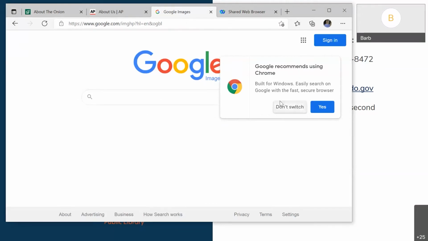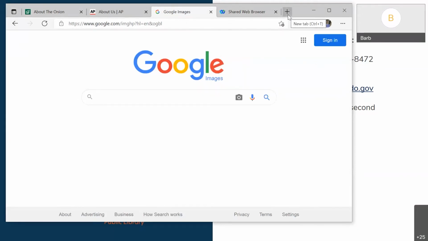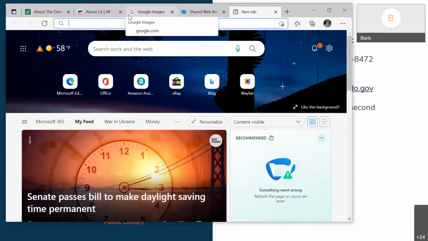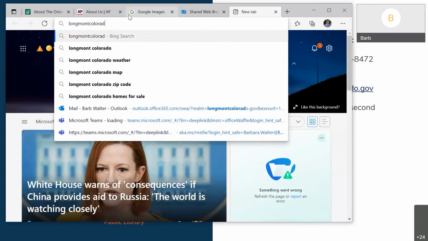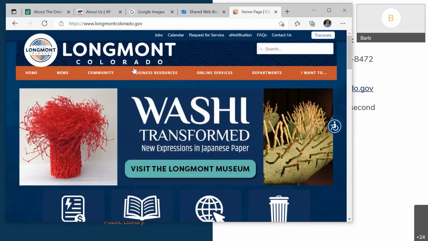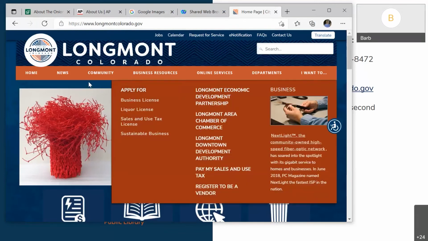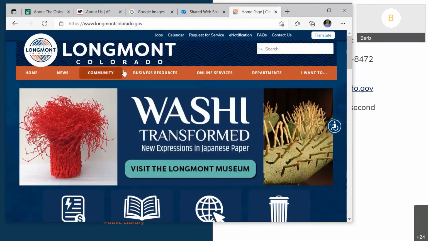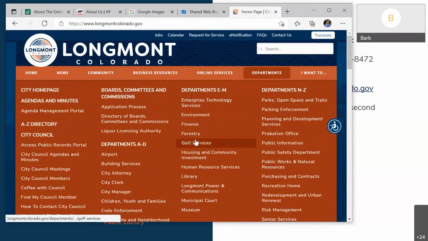So I'm going to pull up our City of Longmont webpage here, because I know that I can find an image that will exist on other websites. Our Parks Department has some good ones, I think. Yeah.